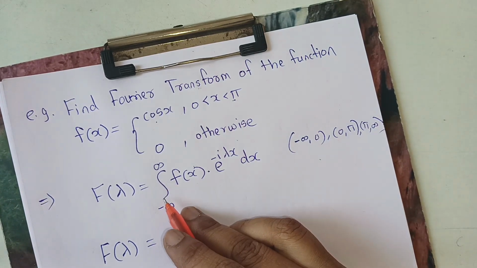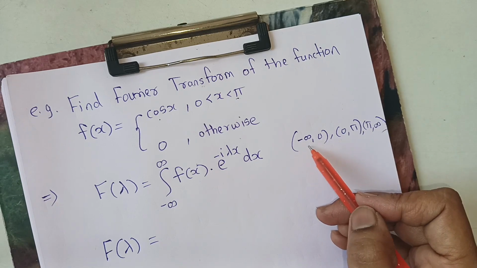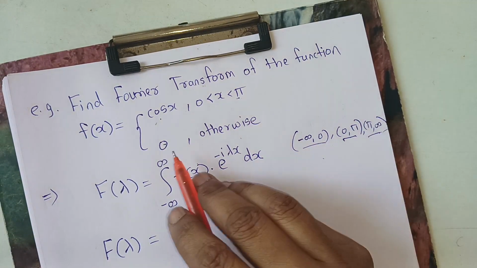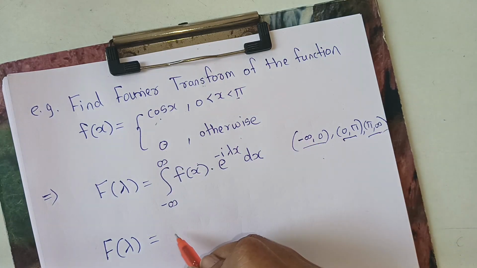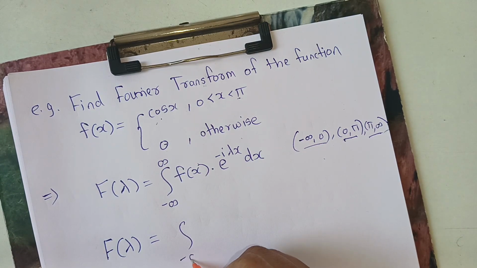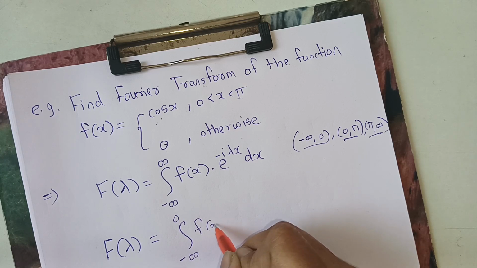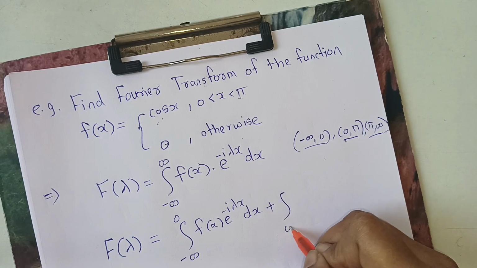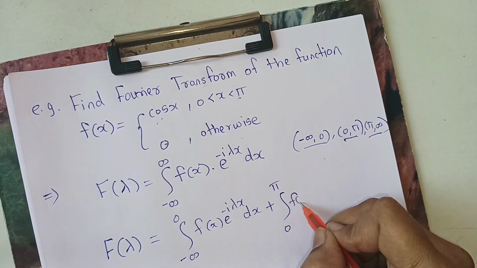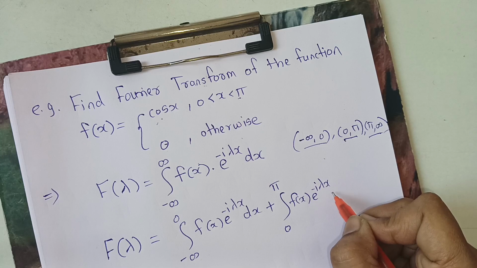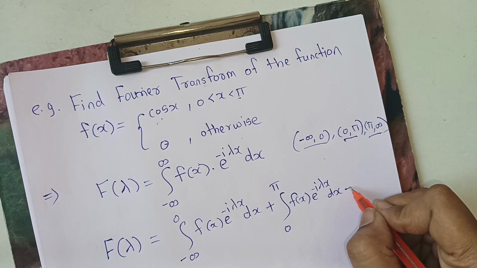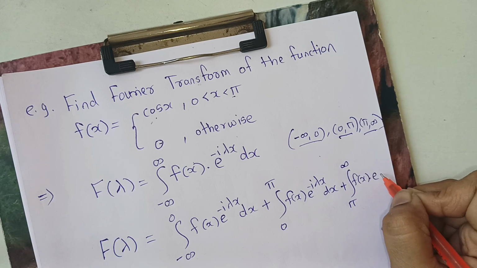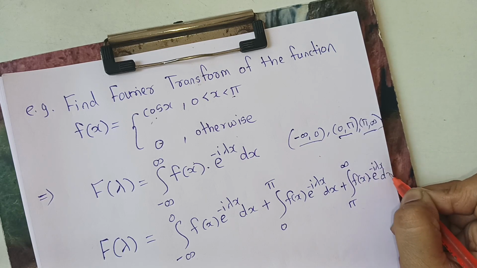For the first part the function is 0, for the second part the function is cos x, and for the third part the function is again 0. So this integration can be split as minus infinity to 0 f of x e raised to minus i lambda x dx plus 0 to pi f of x e raised to minus i lambda x dx plus pi to infinity f of x e raised to minus i lambda x dx.